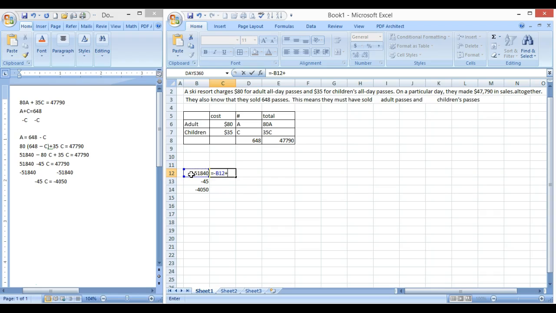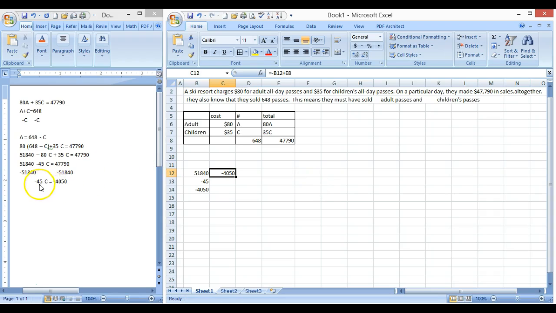And then I'm going to do a positive 47,790, and I'm again going to cell reference it, just because I might accidentally make a typo, and then press enter, and it gives me the same answer. That way I didn't have to type it in. Each of these little boxes is a cell, and I'm just referencing those cells that have those numbers, and it's pretty convenient.